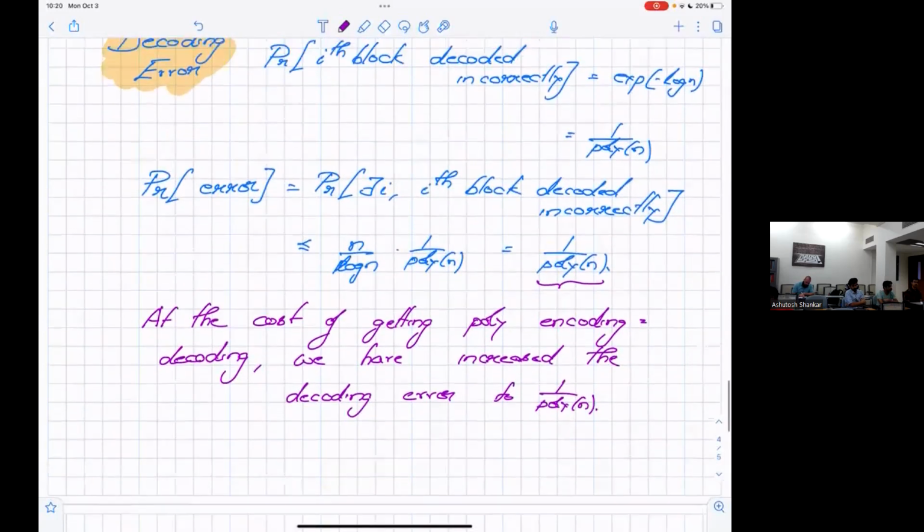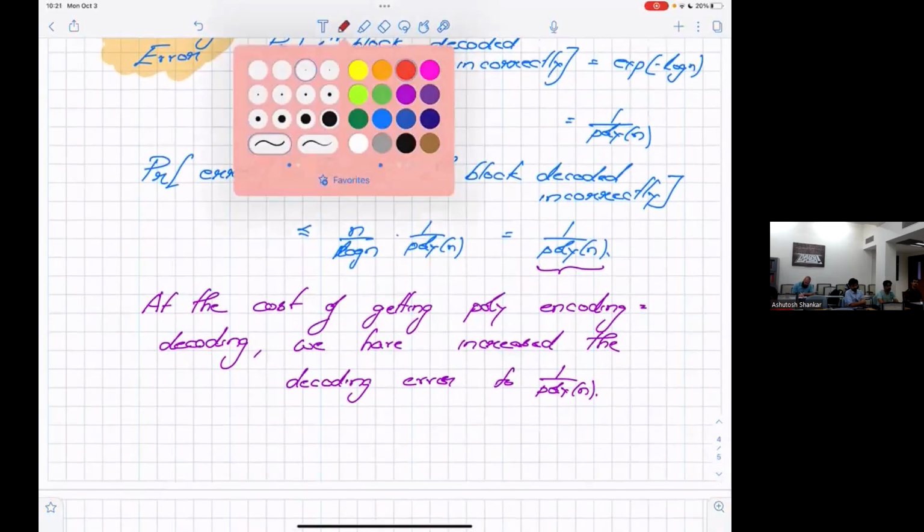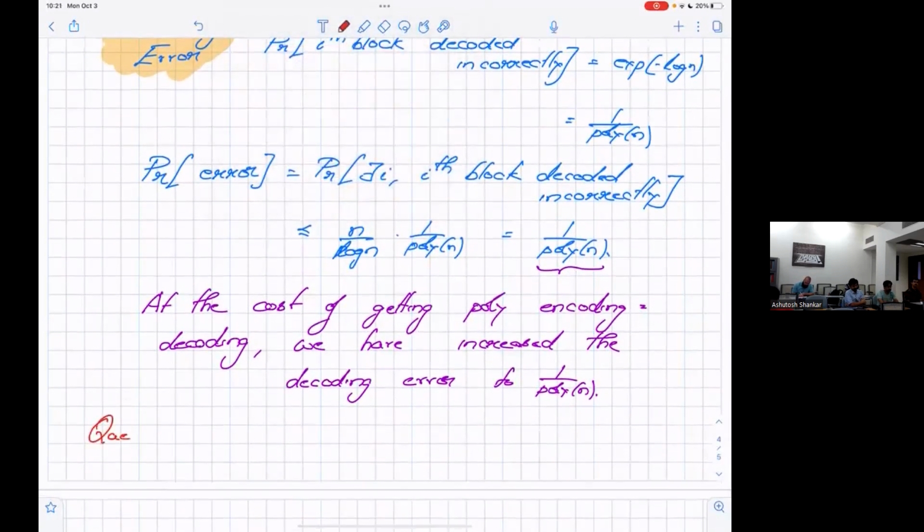So the question which we want to ask now is, can we improve the construction to get back inverse exponential error?